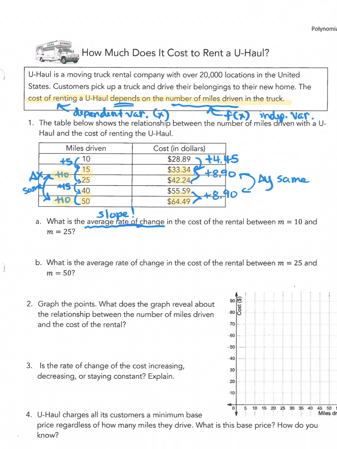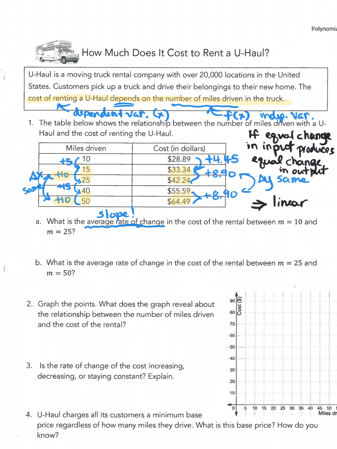So if equal change in input produces equal change in output, it is a linear function. So we know this is linear.